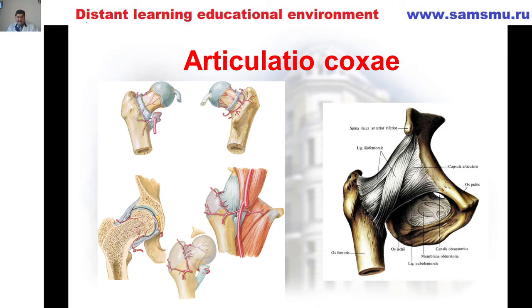When the knee is in extension, flexion of the limb is limited to 87 degrees by tension of the muscles of the posterior surface of the thigh. When the knee is bent, these muscles are relaxed.